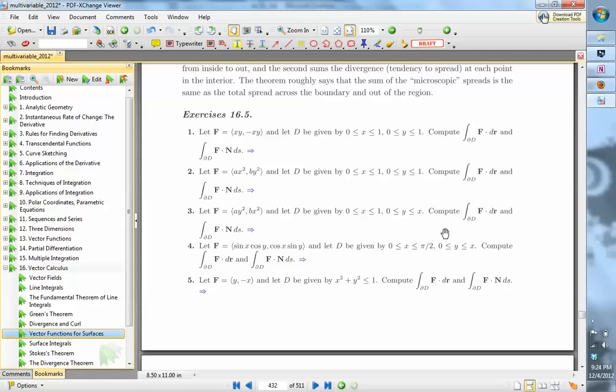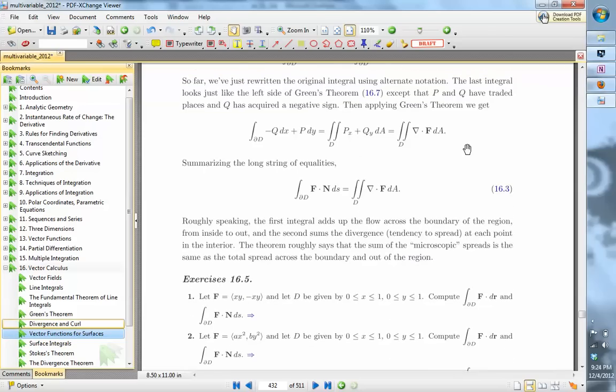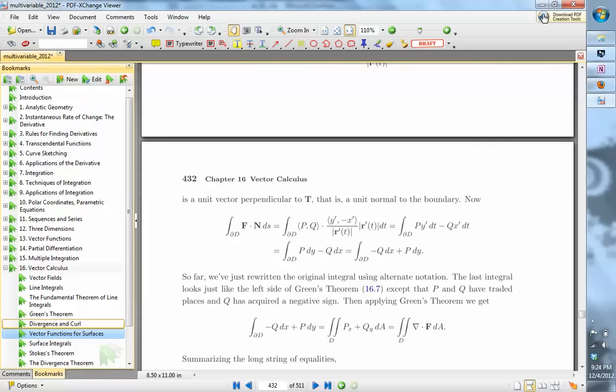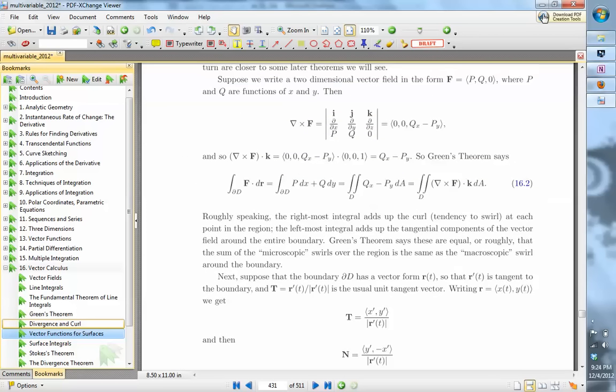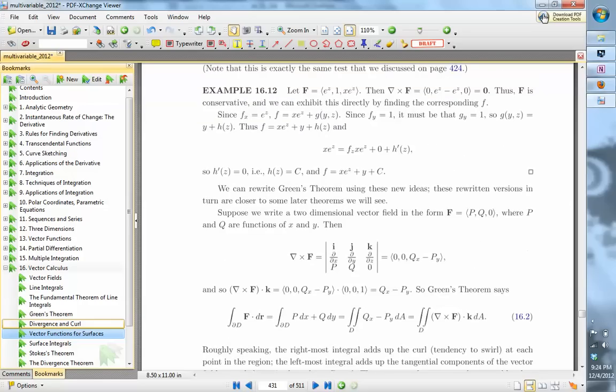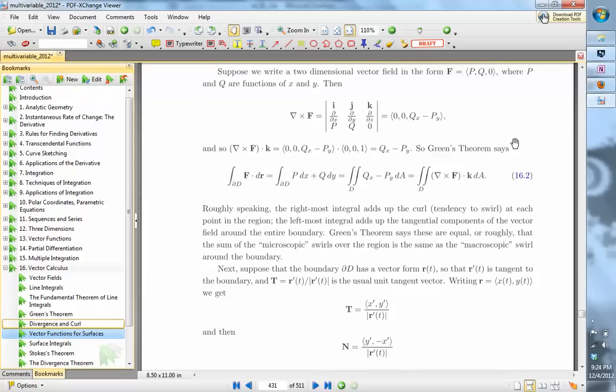We're in the Green's theorem section, so what you want to do is use these formulas up here. Let me find them for you. So here's the f dot dr formula, and so you jump over to this one.